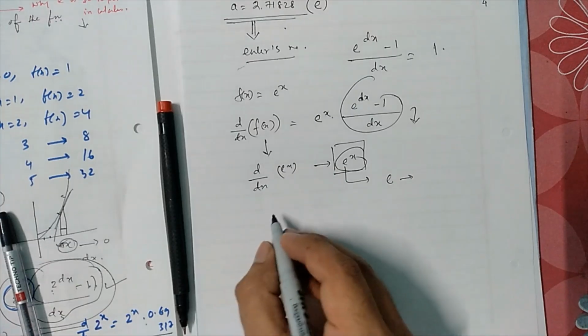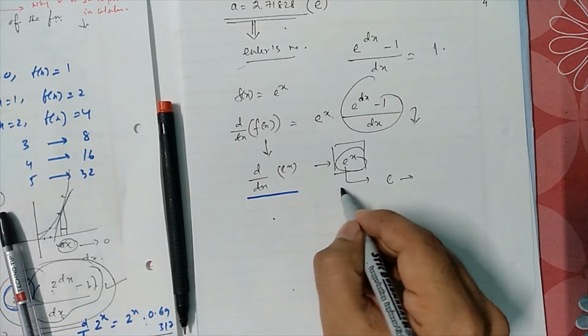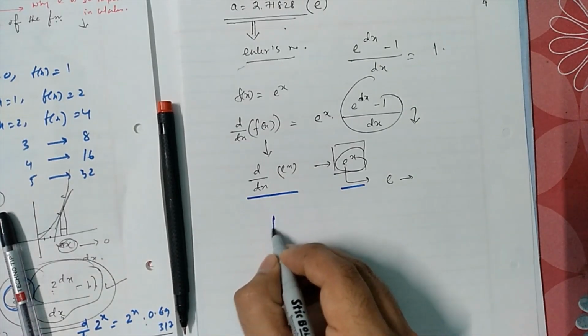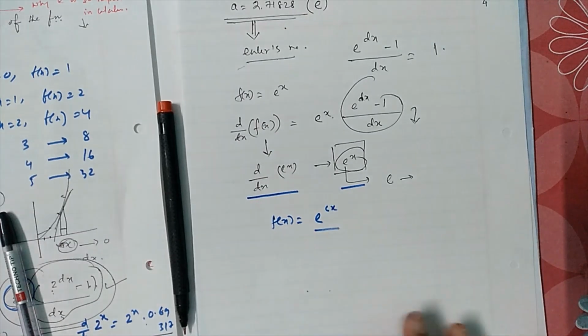Now see this. What you got here, d/dx of e to the power x is equal to e to the power x itself. Suppose there is a function f(x) equal to e to the power cx.